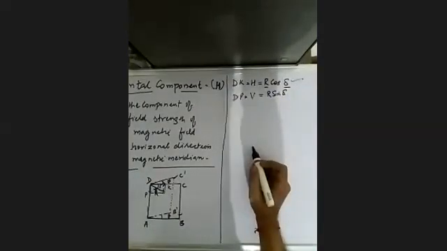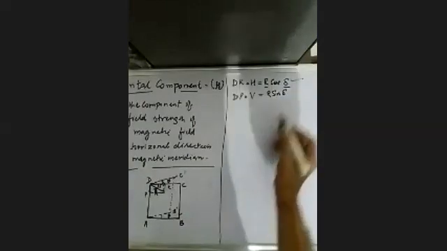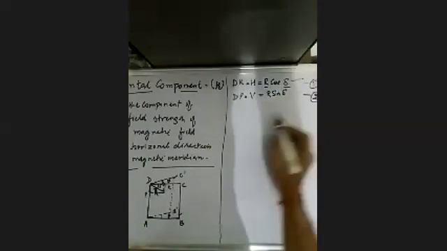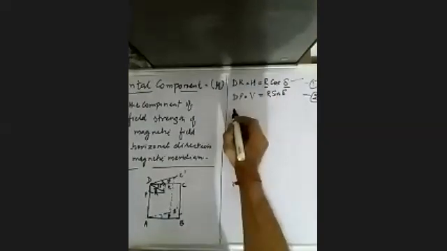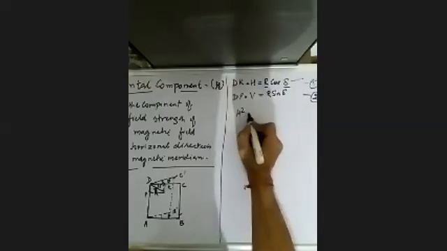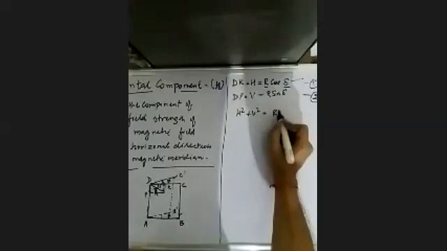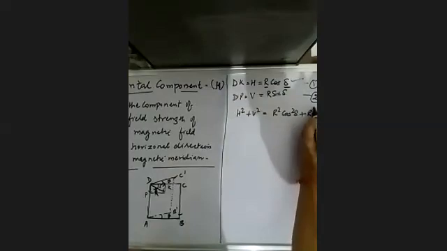Now let us square these and add. This is 1 and this is 2. So we square 1 and 2, and then add. We get H square plus V square is equal to R square cos square delta plus R square sin square delta.